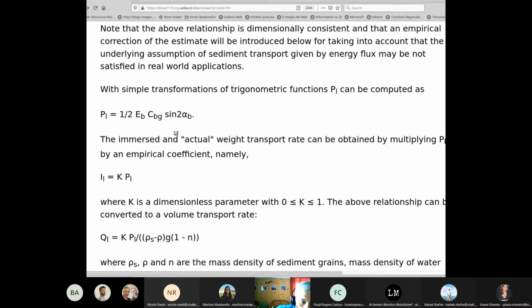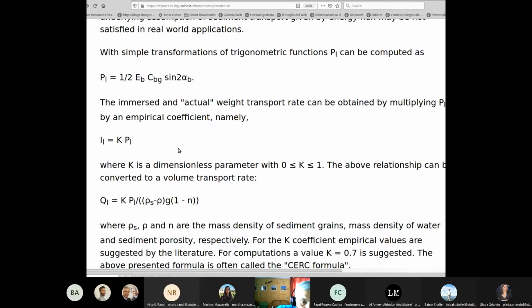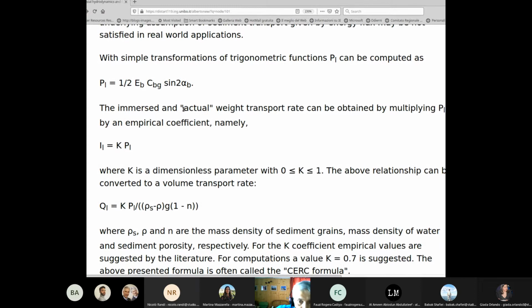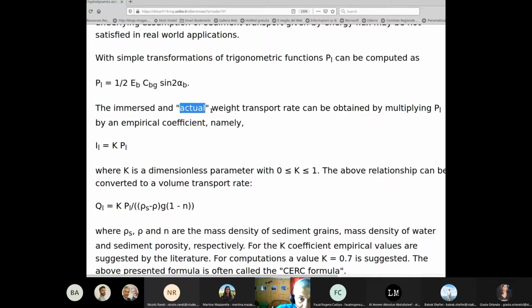Now, it's important, the next step, which is purely empirical. Now, the actual, because before we talked about the potential, immersed weight transport rate. Now we have to turn to the actual. The actual is the truth, is what really happens. Potential is what could happen.